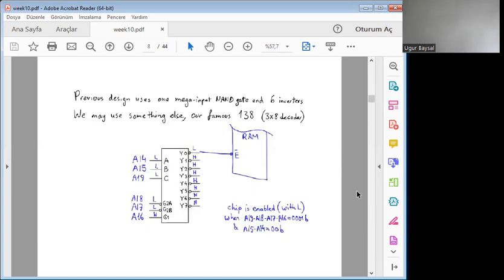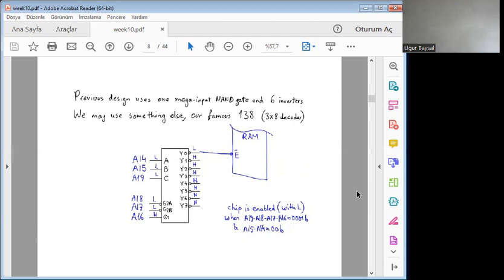There is a better choice. Instead of two logic integrated circuits, we can utilize only one 3 to 8 decoder, 74138, which had already been explained 2 weeks ago.